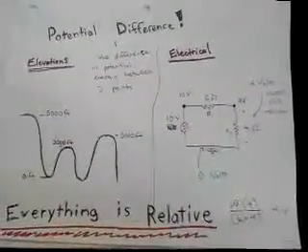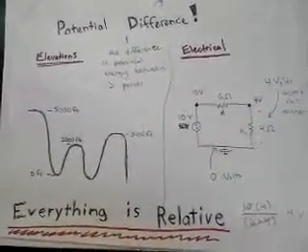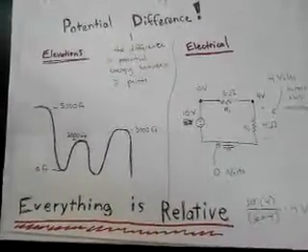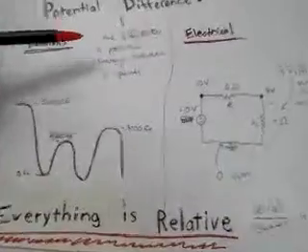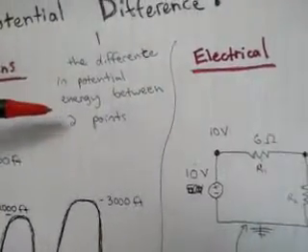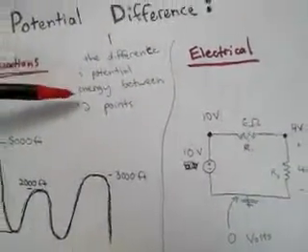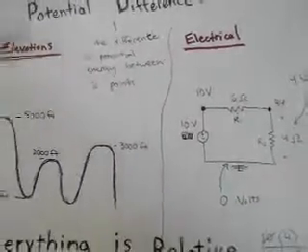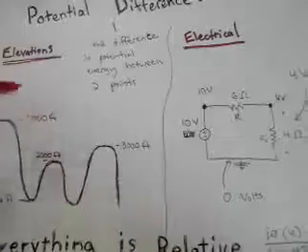Another way to talk about voltage is potential difference. You'll start hearing this a lot, and this kind of confuses people. But potential difference is basically just the difference in potential energy between 2 points, and it's not necessarily energy, but just anything really, voltage or anything. It's the difference between 2 points.